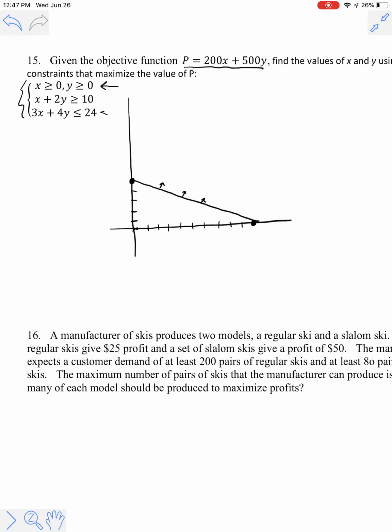For the next one, this inequality here, the x-intercept is 8, and the y-intercept is 6. Let's try that again. That's a solid line because it's less than or equal to. Now when we shade on that one, I would use a test point again of 0, 0.